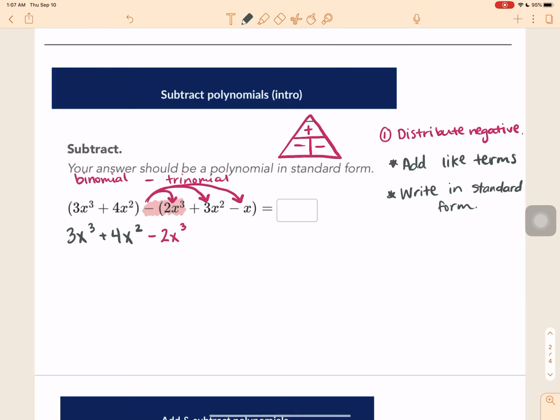If I cover with my hand a positive and a negative, I know my answer will be a negative for that problem. And then the same thing here, we are doing a negative times a positive 3x squared. So I know that a negative times a positive, if I cross those two out, I'm left with a negative. So this would be a negative 3x squared.